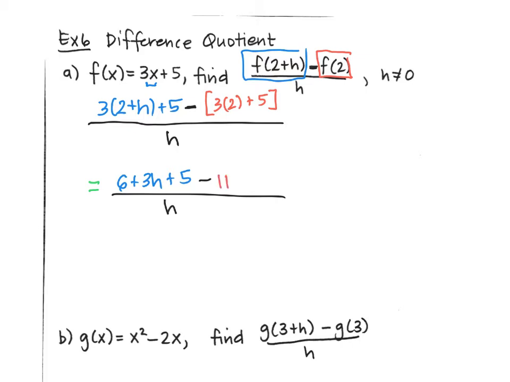And the entire thing's still over h. I'm going to keep simplifying this. Are there like terms? I see a 3h, and then 6 plus 5 is 11, 11 minus 11 is nothing, so that's gone. So 3h over h. And then when I simplify that expression, the h's cancel and it goes all the way down to 3.